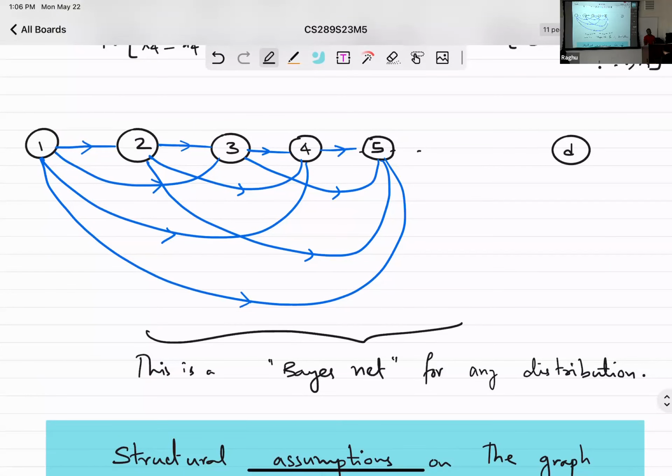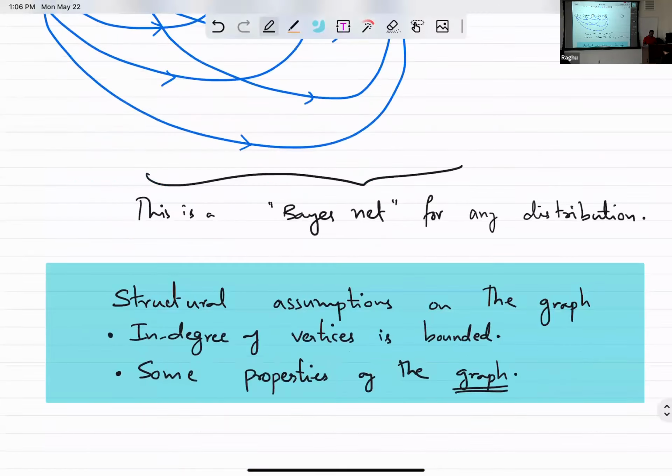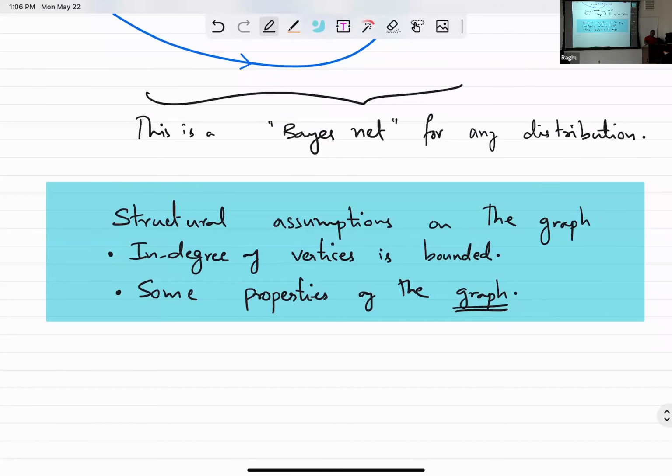Maybe the base structure is that it's going from 1 through D, but each node has one outlier edge going way in the past. Okay, so now it becomes meaningful. I'll tell you that the true distribution satisfies some such structural property. And then we can ask, can I learn it in this case? Can you learn the dependency graph when you have such nice assumptions?